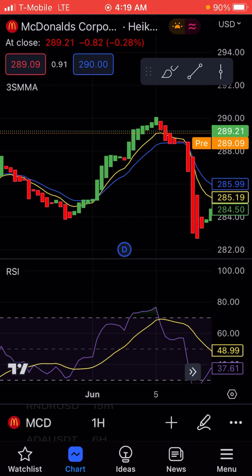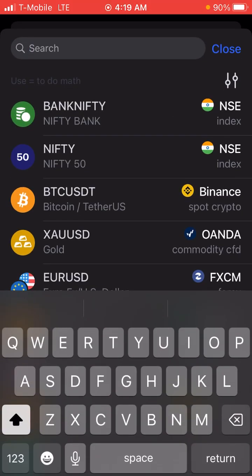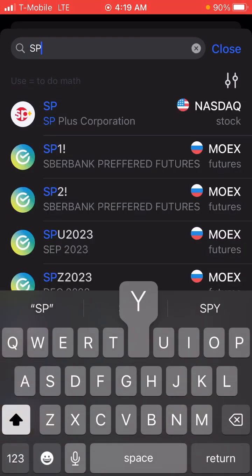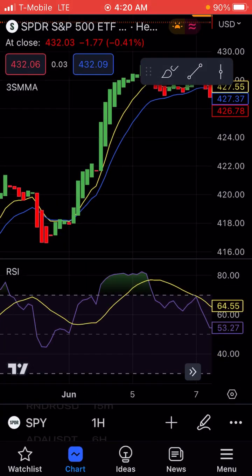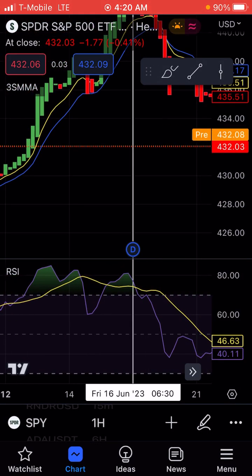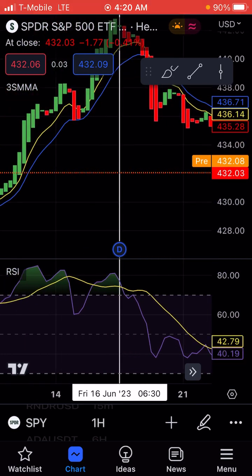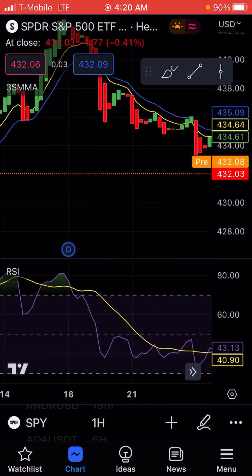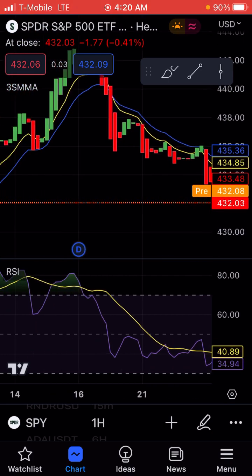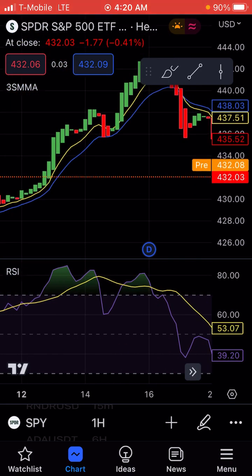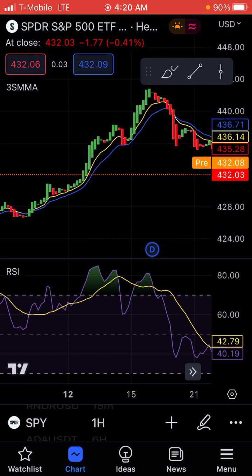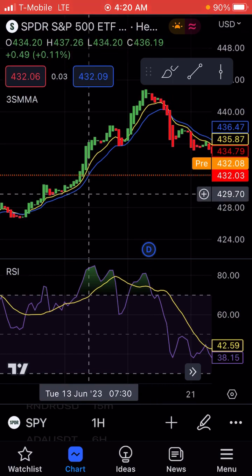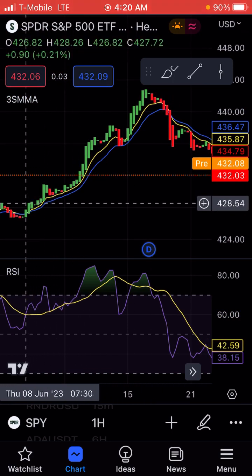But let's go look at a couple other stocks. Let's just do my good old favorite, the S&P 500. This strategy will work for any stock out there. It all just depends. Okay, so let's look at this cycle right here. Let's say we see it crossing right here.